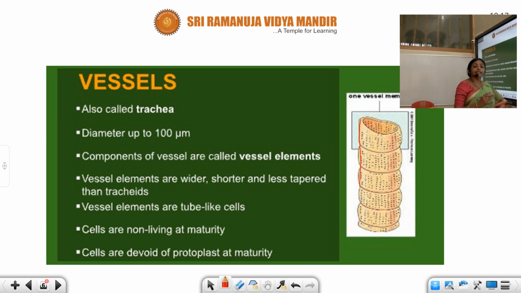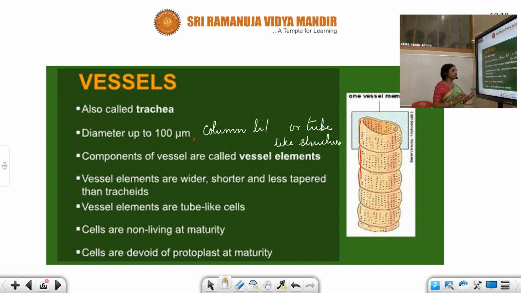Vessel elements are wider, shorter, and less tapered than tracheids. Vessel elements are tube-like cells, arranged in a tube-like, column-like manner.